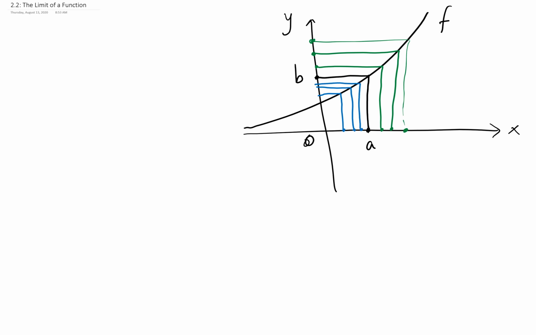As we get closer and closer to A, the y is getting closer down this way. And as we come from the other side toward A, the blue thing is getting up. So as we get closer and closer on the x-axis to A, the y values are getting closer and closer to B.